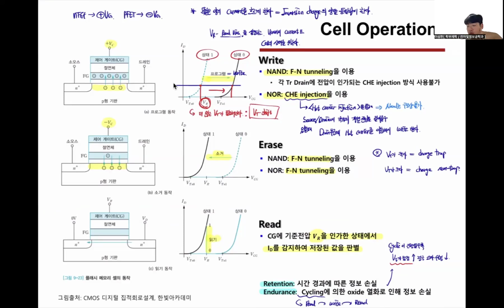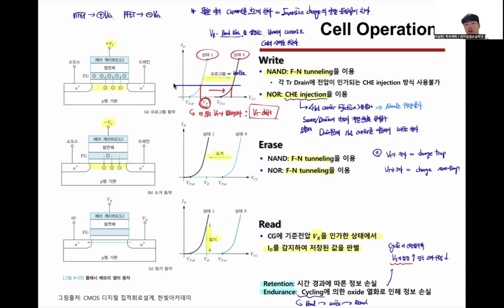And then the read bias: when there is charge trapped in the floating gate, they need much less stress voltage. So in the read bias, they have a much higher drain current.